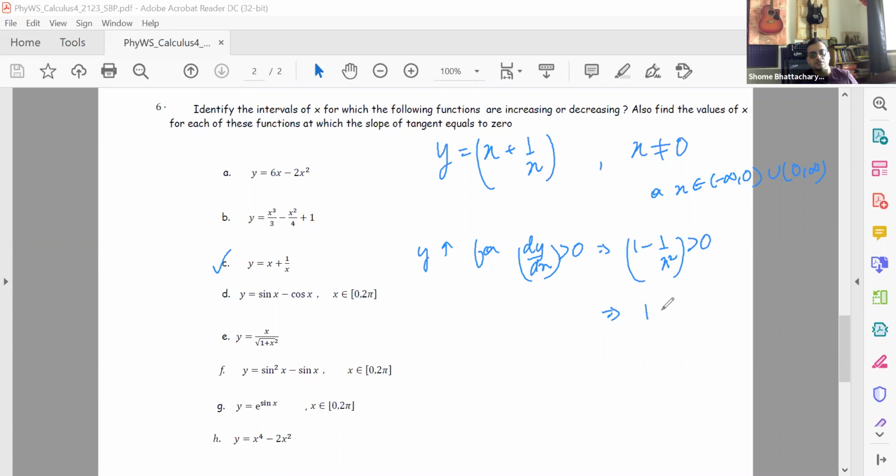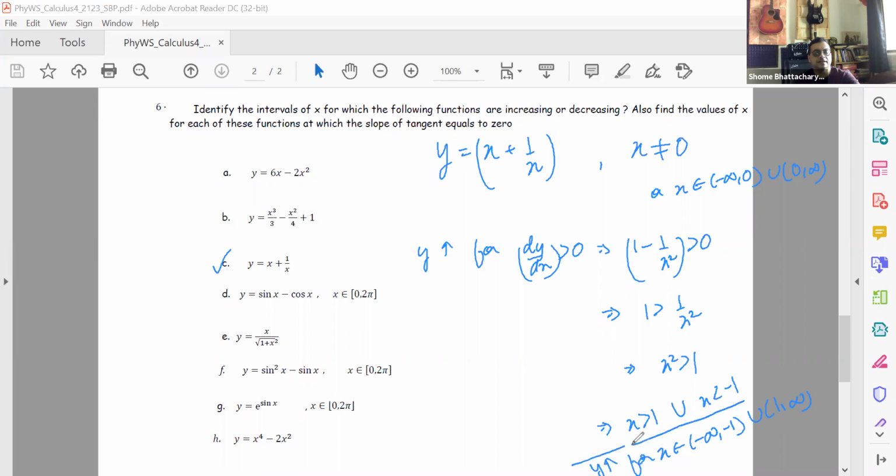We can just see that x square is greater than 1 means that x is greater than 1 or less than minus 1. Or we can say x belongs to the interval minus infinity to minus 1 union with 1 to infinity. So this is the interval for which y increases.